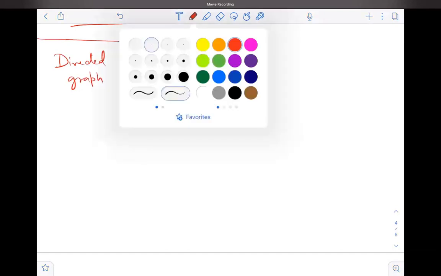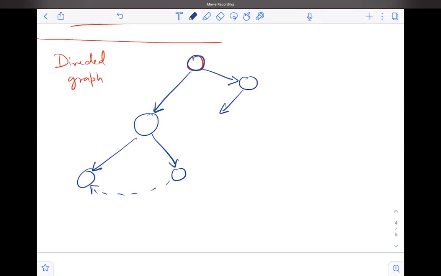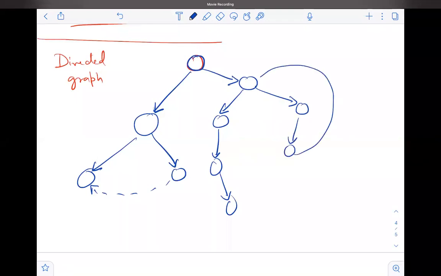Okay, so let me again draw it. Whenever I'm drawing these dotted edges, these are the edges that are not in the tree, not a tree edge.